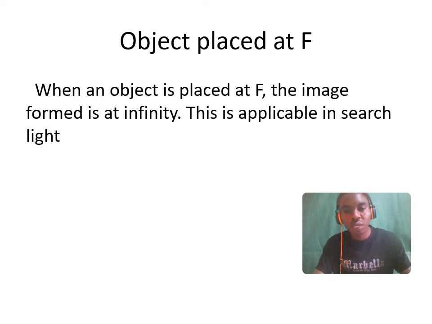When I say the image formed is at infinity, it means that we cannot locate the position of the image. The image is some distance away. We can only imagine, but we cannot determine the position of the image. Infinity is a point where we don't know. And this is applicable in the searchlight.